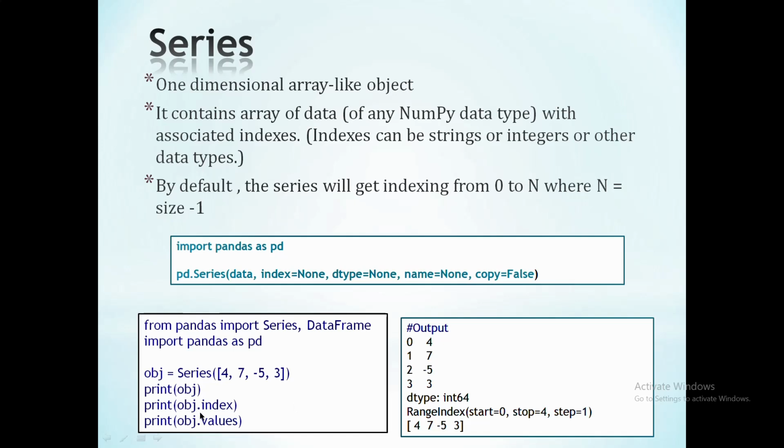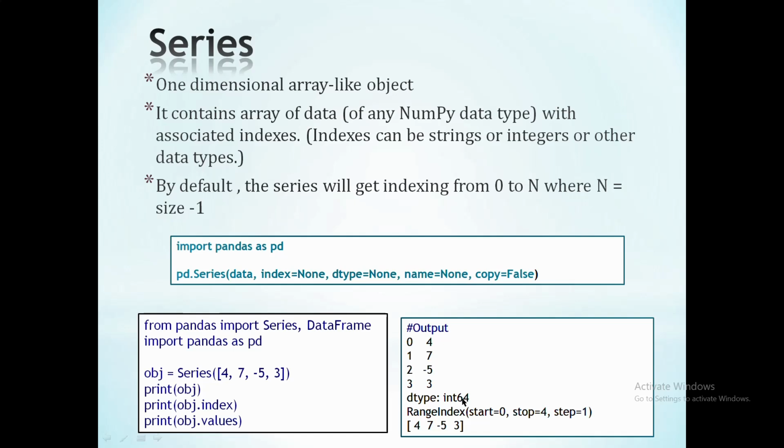Then we have another function which refers to the index. Here the range index starts from 0 and it will stop at 4 in terms of step 1. Then the data type is a default value which is int64.